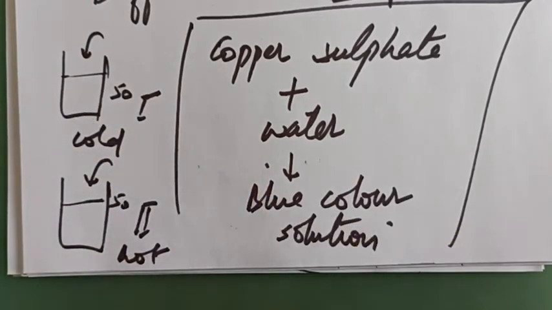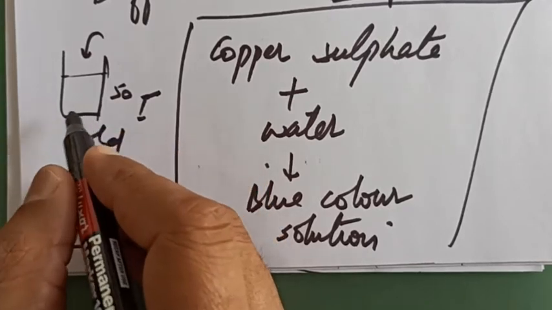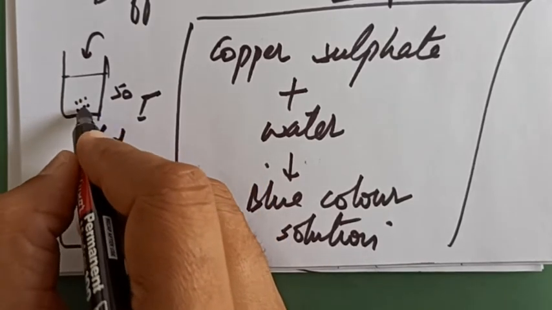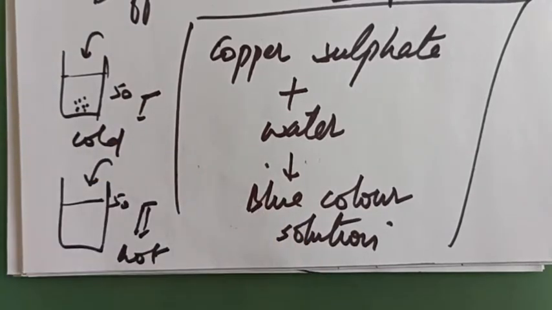What you will observe after some time is that the copper sulfate that we have added in the first beaker remains at the bottom of the container, and the color of the solution is not so dark as in the case of the second beaker.